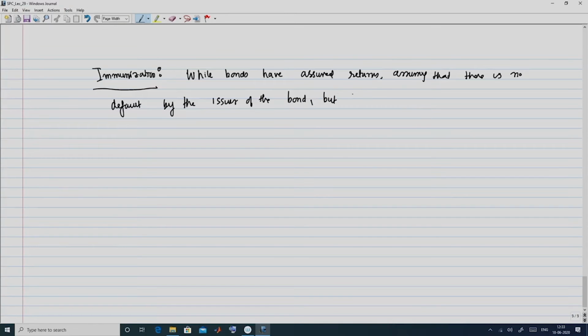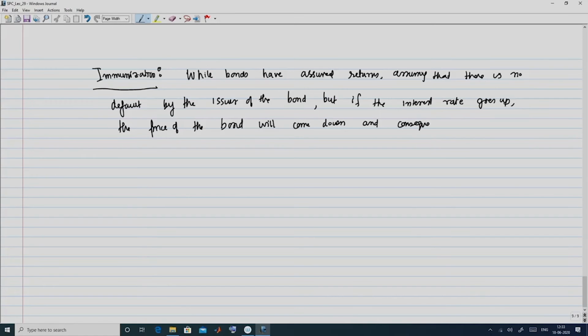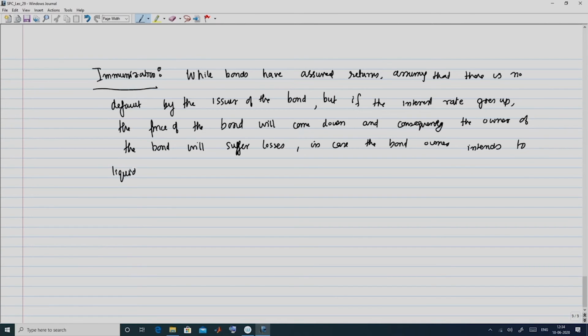But if the interest rates goes up, the price of the bond will come down, and consequently the owner of the bond will suffer losses in case the bond owner intends to liquidate the bond.